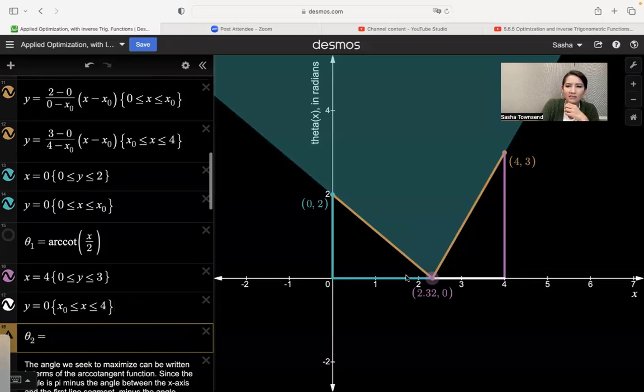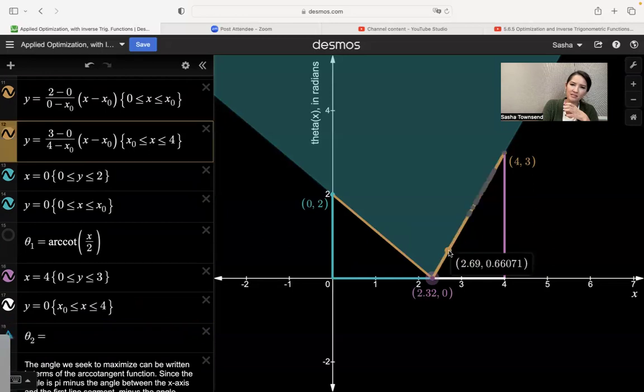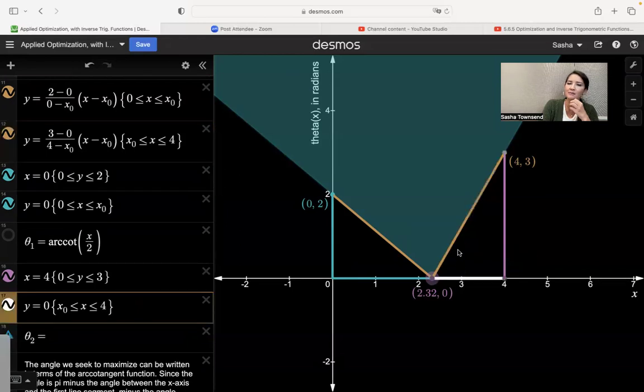So we've got y equals 0 on this interval, and we've got a line segment there. That white line segment has a length of the rightmost x value minus the leftmost x value, so it's 4 minus x. And the side opposite the angle made by the orange line segment and the white line segment is the length of this purple side, which is 3.